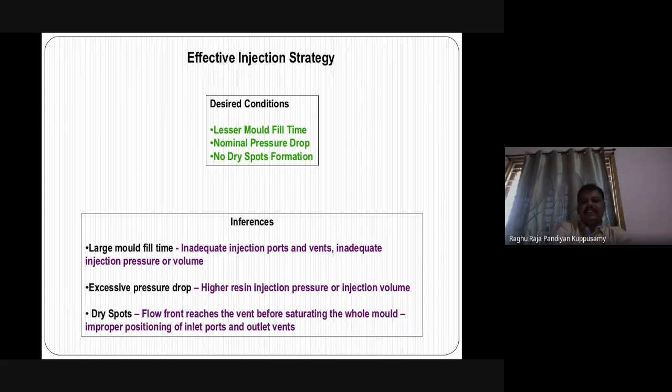If dry spots or micro or macro voids happen in the simulation results, you can understand that the flow front reaches the vent from the injection port before saturating the whole mold, which is due to improper positioning of inlet ports and vents. So these are the inferences we have to take care of.